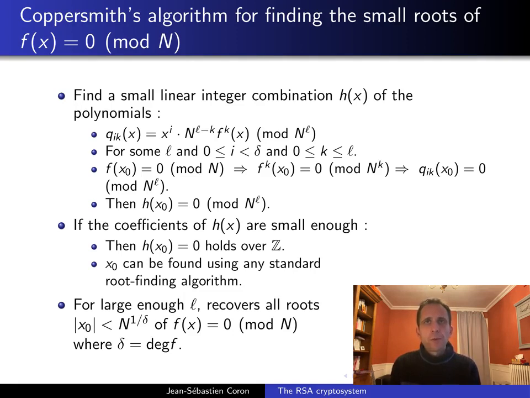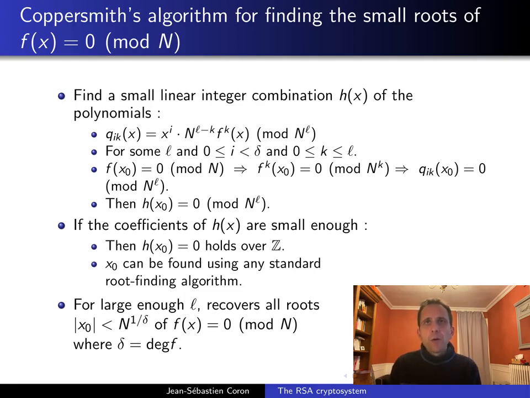So we do this for some parameter l. Previously we have done this for l equals 1 and l equals 2. And we do this for all the possible shifts of index i between 0 and delta, and for all possible integers k between 0 and l.